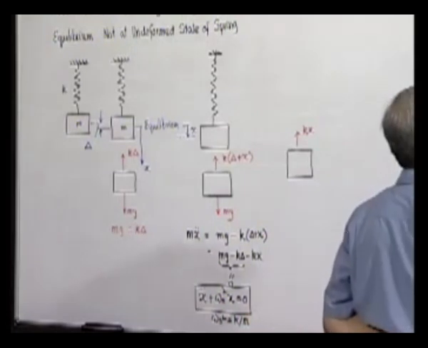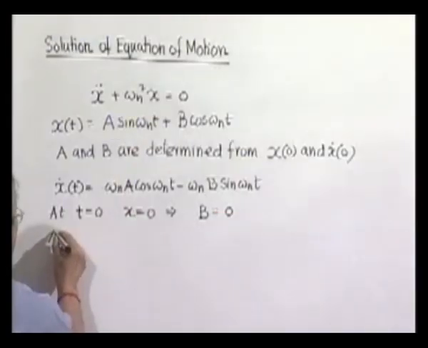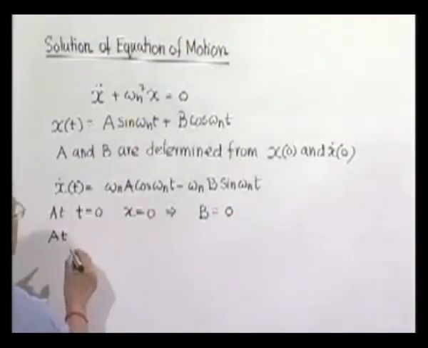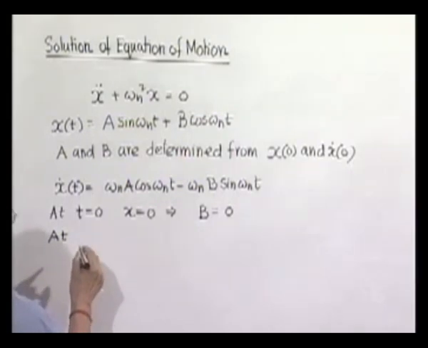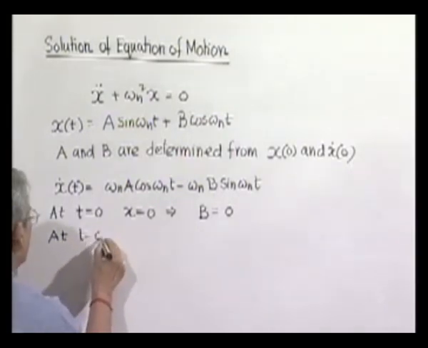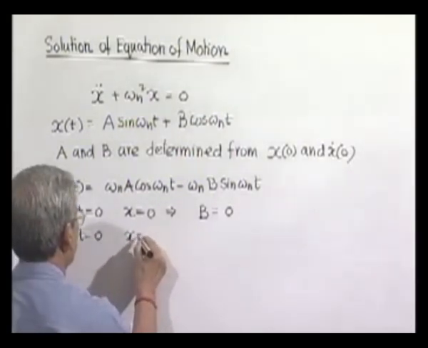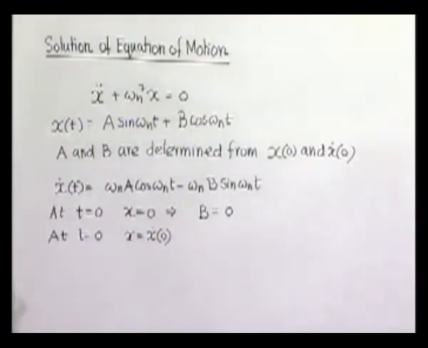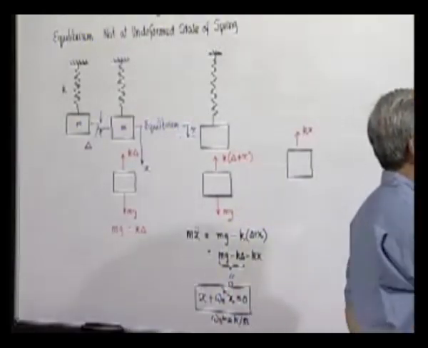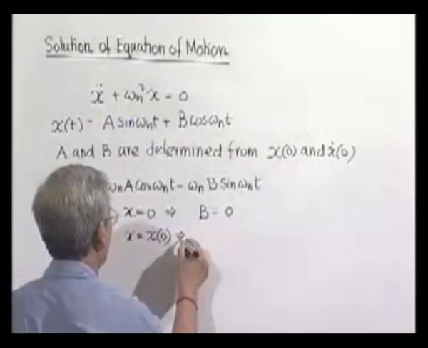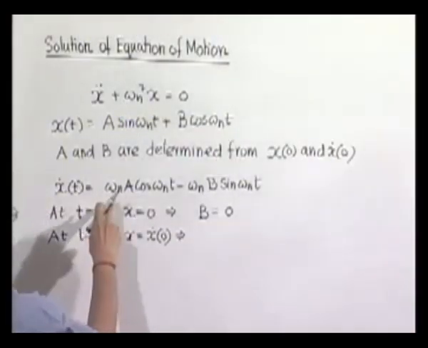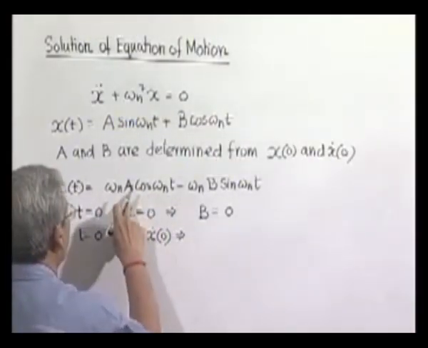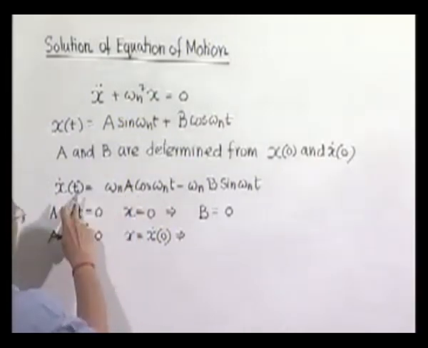Similarly, at t is equal to 0, x dot is equal to x dot 0. We cannot say both are 0. So then what happens? We substitute t is equal to 0, so omega n A is equal to x0 dot.